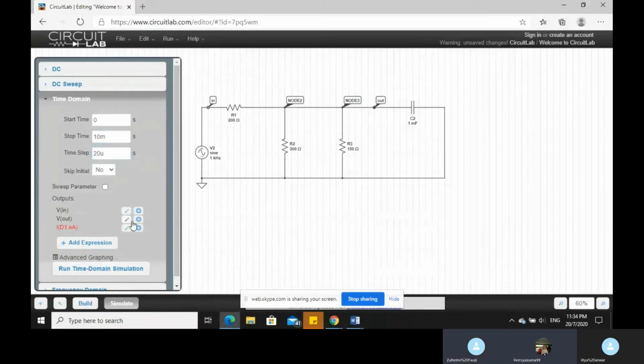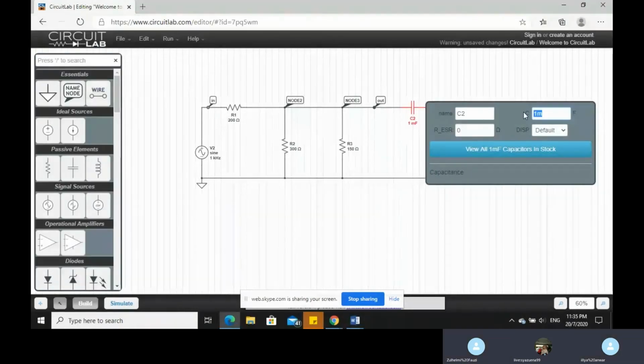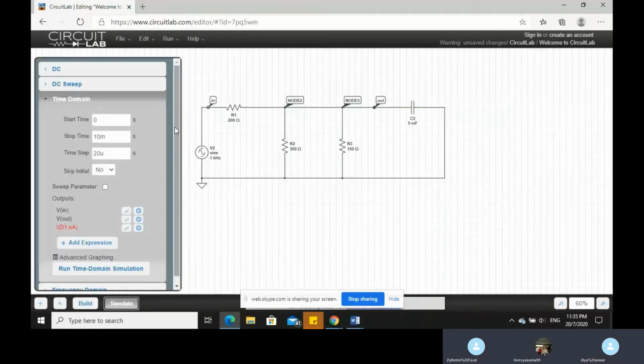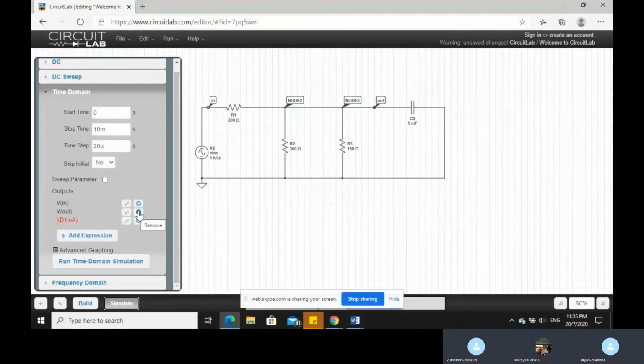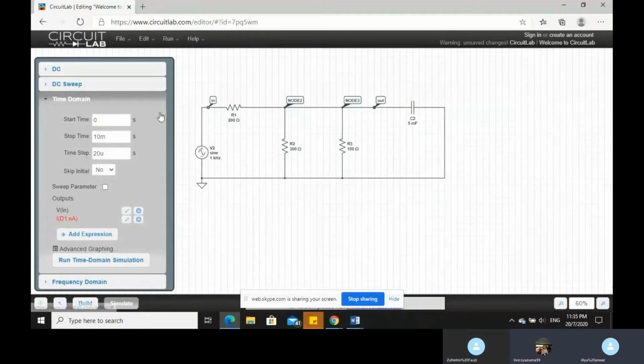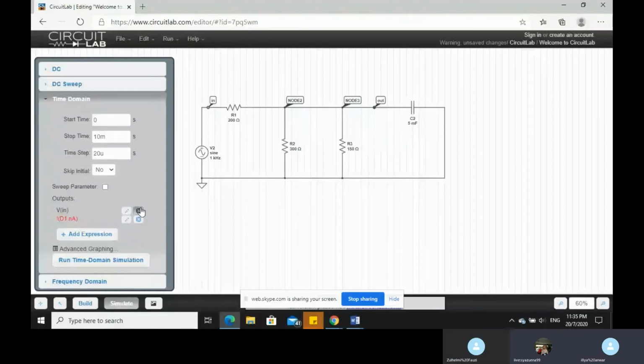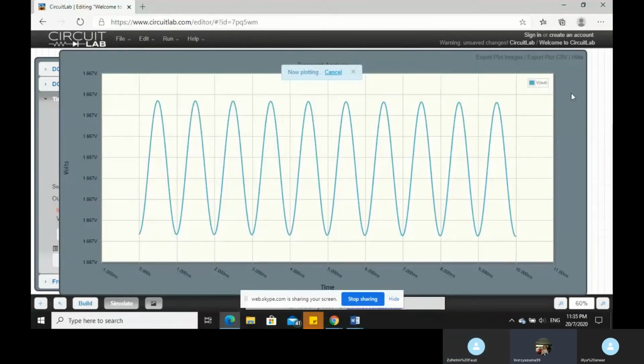Okay, first, capacitance is 5 milli. Okay, this is for the input waveform, and for the output.